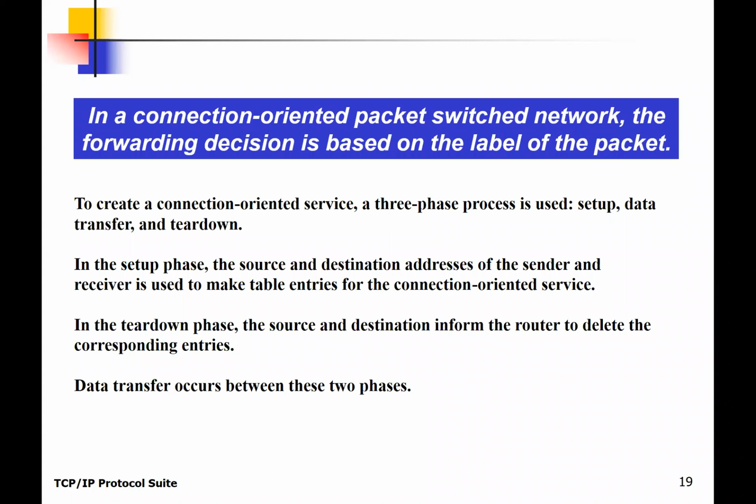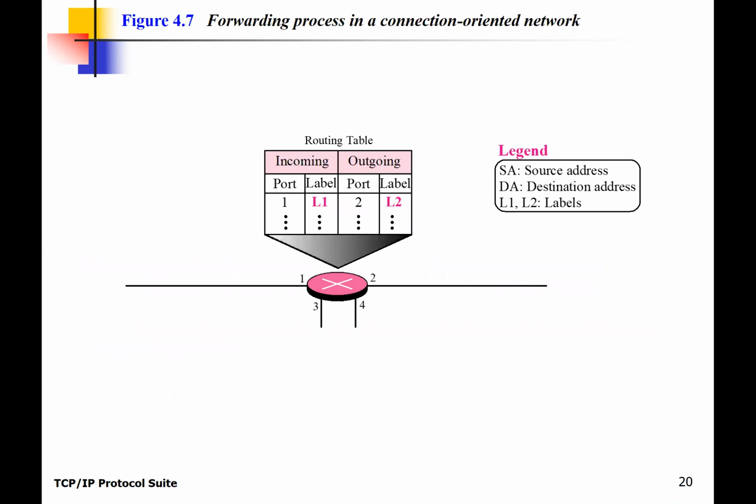In the tear down phase, the source and destination will inform the router that we are done. And what will the router do? Delete the record, all right? Then data transfer occurs between the source and destination, all right? So let's look at the labels.